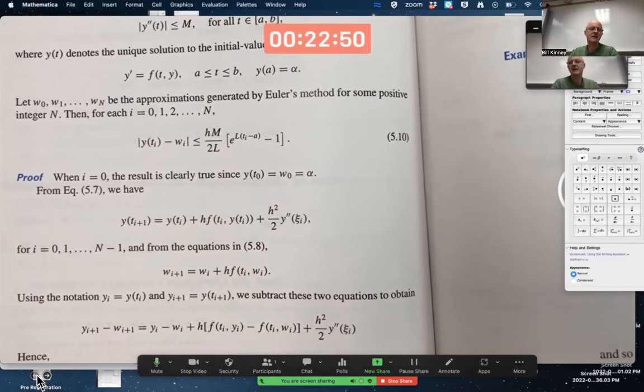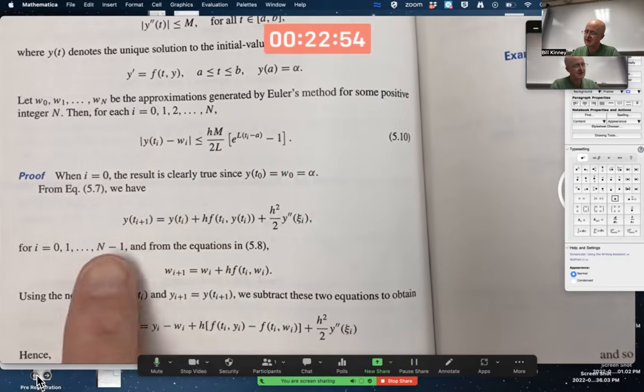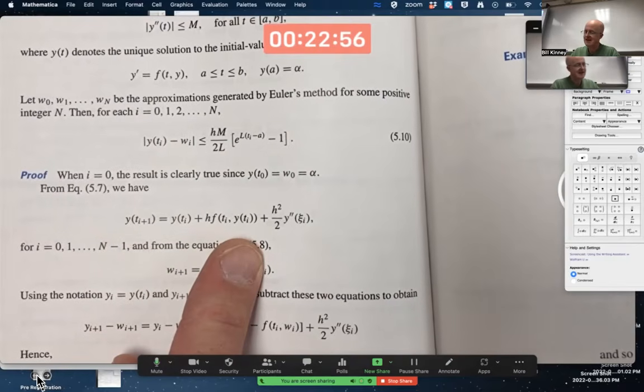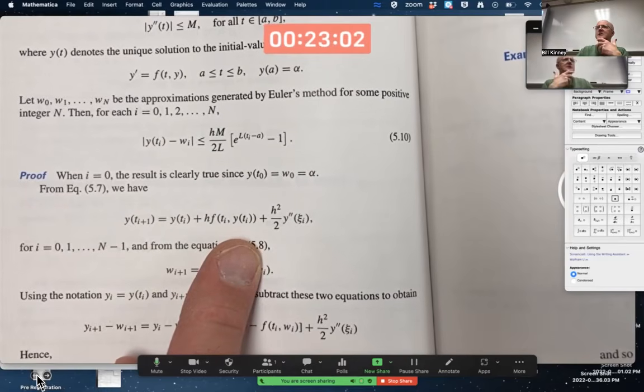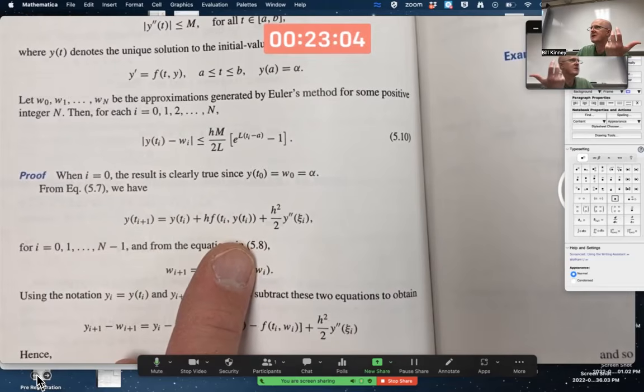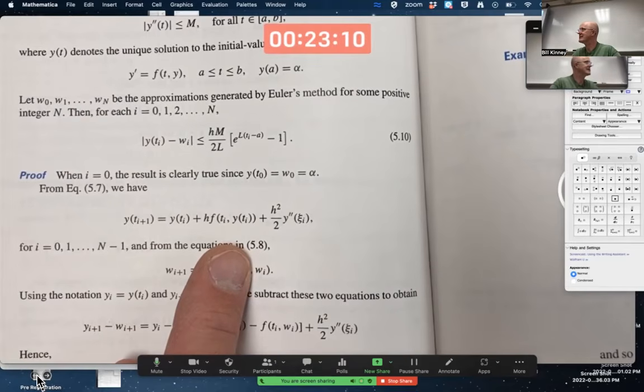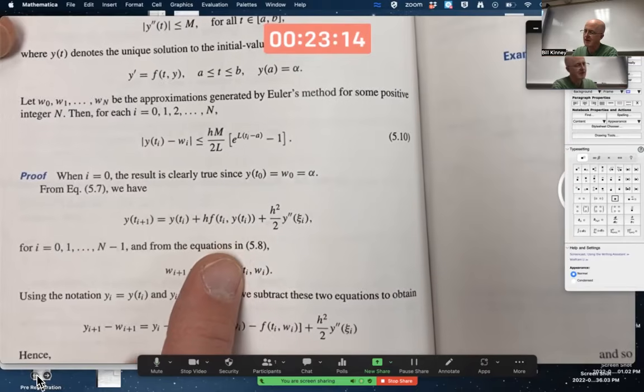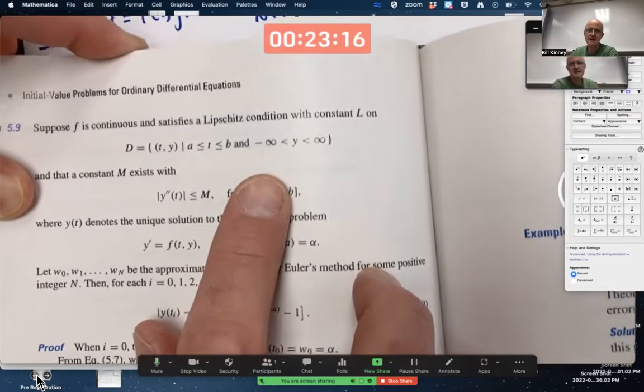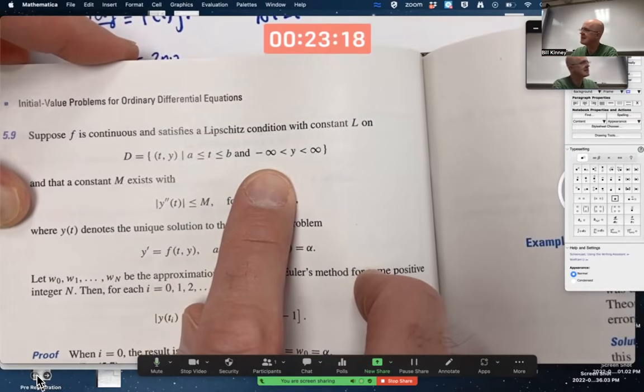What about when i is bigger than 0? From equation 5.7, we have this is true. What's going on there? This is Taylor's theorem right here. y of t is your, say, unknown solution function. We had an existence and uniqueness theorem that said such a function will exist and be unique under this kind of circumstance, like if there's a Lipschitz condition being satisfied.